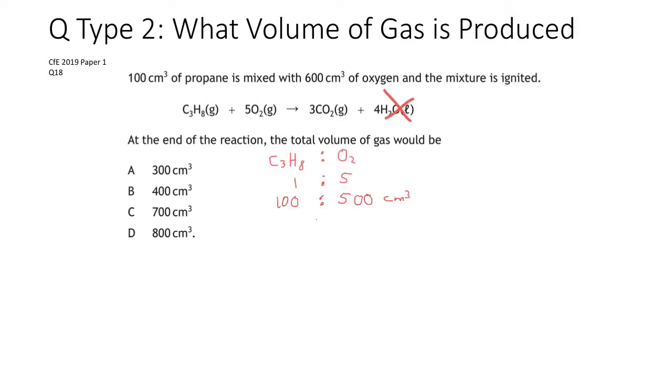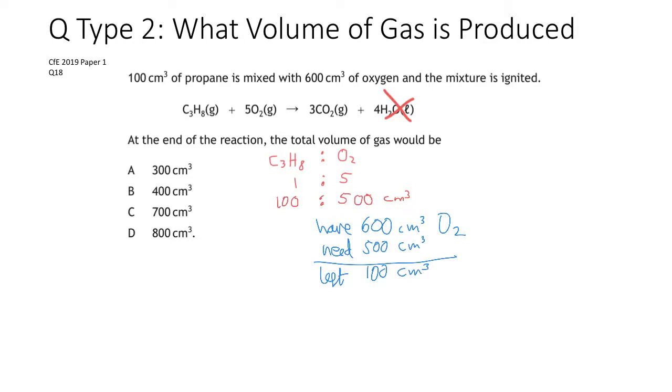So we have 600 centimetres cubed of the oxygen. We need 500 centimetres cubed. So left over, we have 100 centimetres cubed.